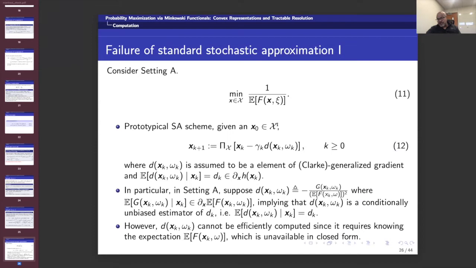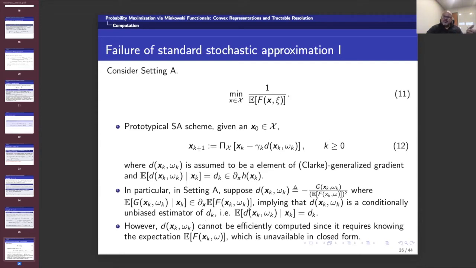Of course, if you want to actually get a Clark generalized gradient of f, which is what I'm going to call d of xk omega k, if you compute this, what you get is minus g of xk omega k divided by the square of the expectation, right? Now, unfortunately, d of xk omega k is a conditionally unbiased estimator.